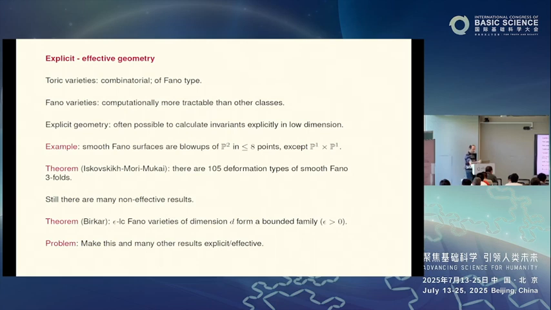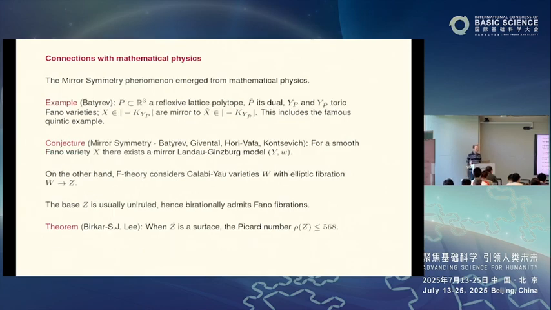So there is a huge number of problems in this direction, but I think that is just enough. And then there are connections with mathematical physics in different directions. One of these directions is related to mirror symmetry.